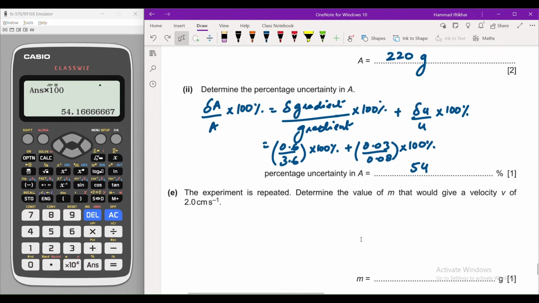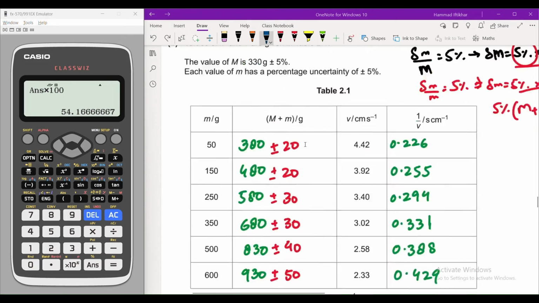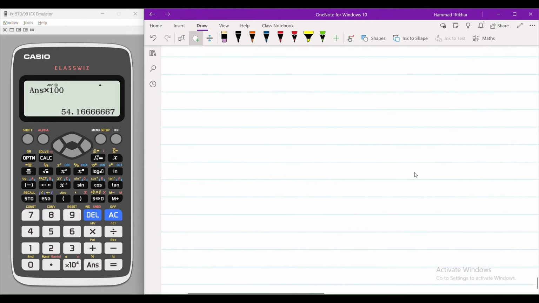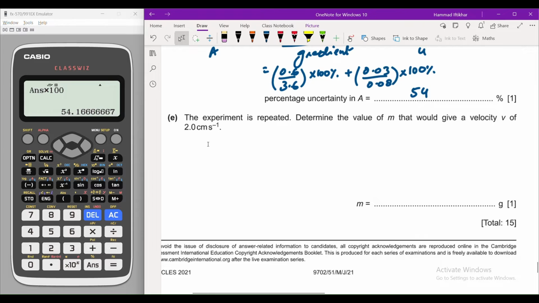Okay, now we can use our model. So going back, this was the model. We need the mass m, right? So AU over V is equal to m plus M plus A. Okay, so I'll just copy this, actually cut this, and paste it over here.